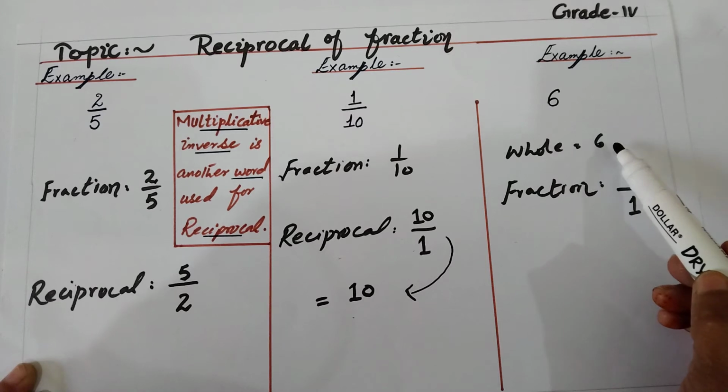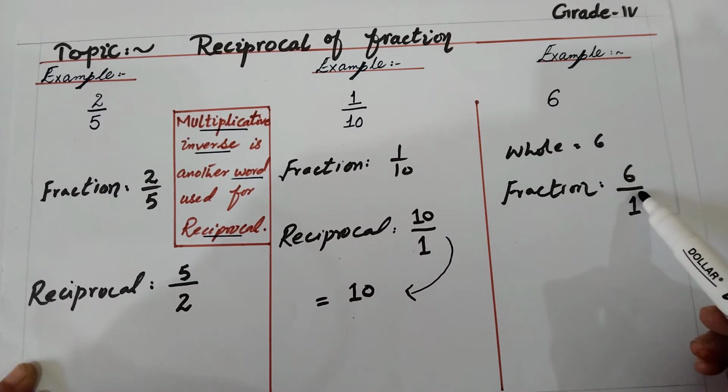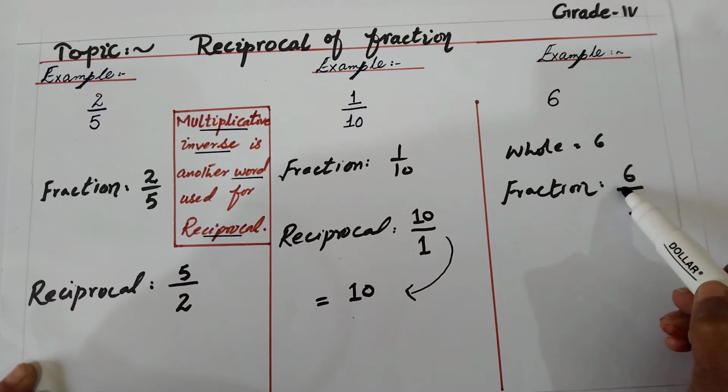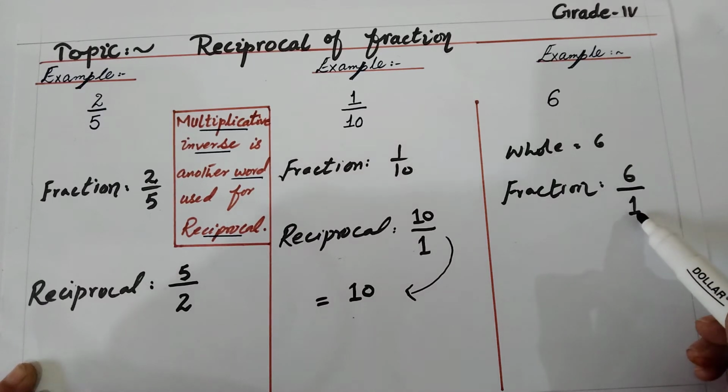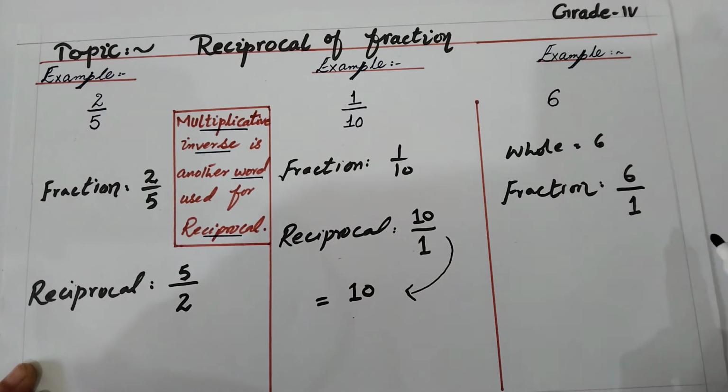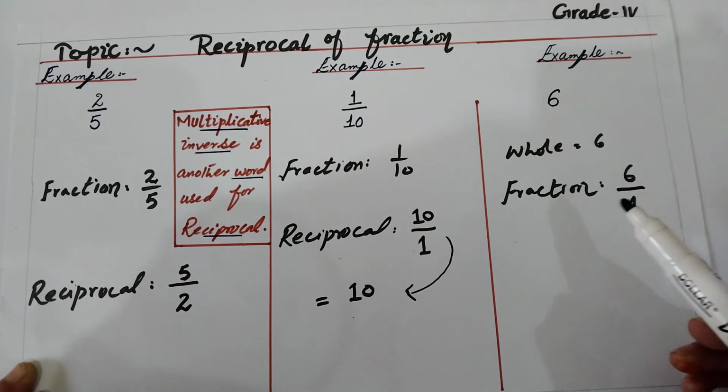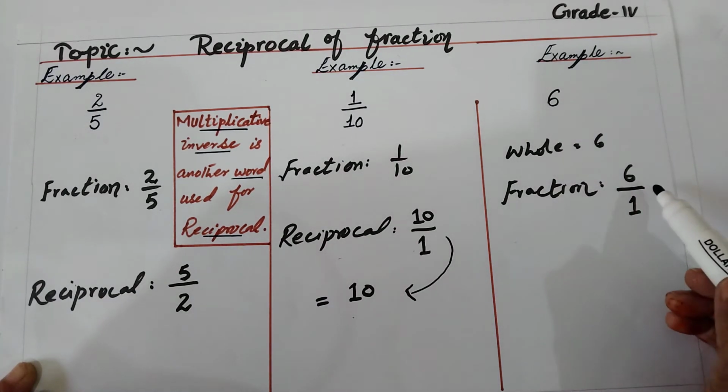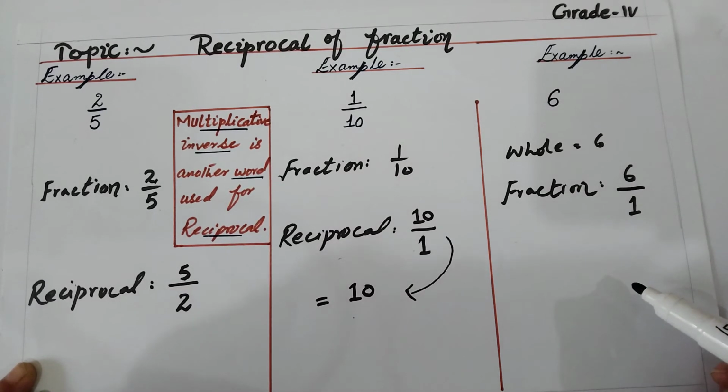And to convert any whole number into a fraction, we can write 1 as a denominator. When we use 1 as a denominator, it will not affect the value of the 6. Clear? So the reciprocal of 6 is 6 over 1.